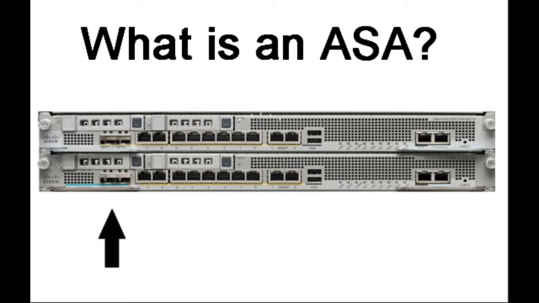The textbook definition of the ASA 5585 is that it is a high-performance two-slot chassis with a firewall VPN security services processor, or SSP, and it also includes an IPS security services processor. So it's a firewall with the ability to also serve as an intrusion protection system.